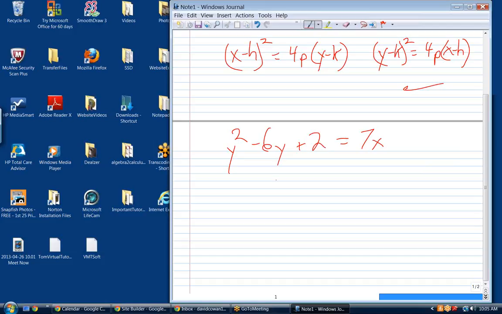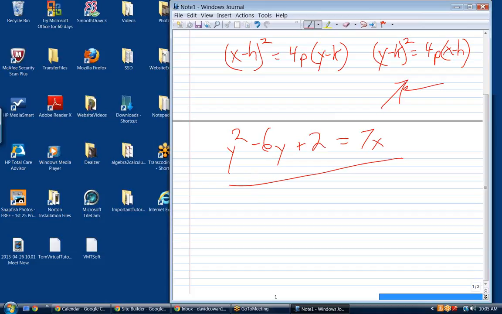So how are we going to get this format into this format? We have to identify k and h. Notice that this format is (y minus k) squared, which means we're going to have to complete the square. In other words, we want to start off on the left side of this equation with a (y minus k) squared.